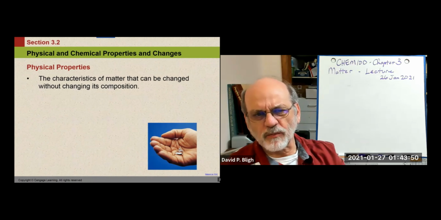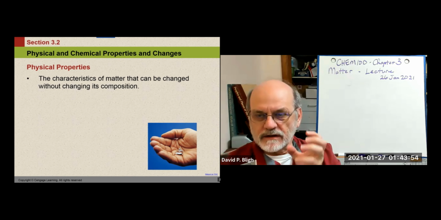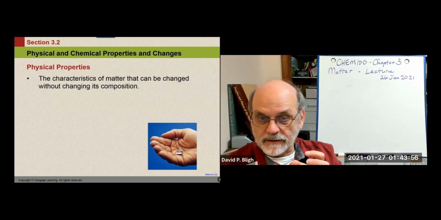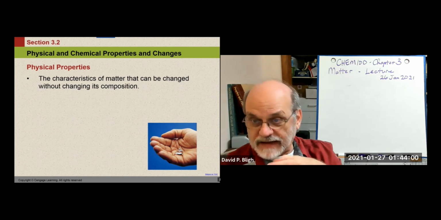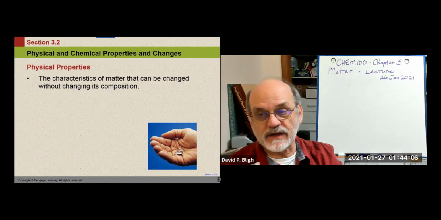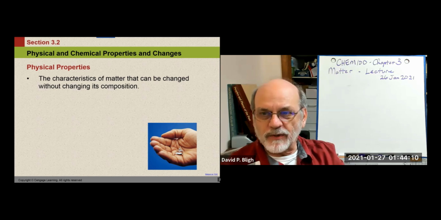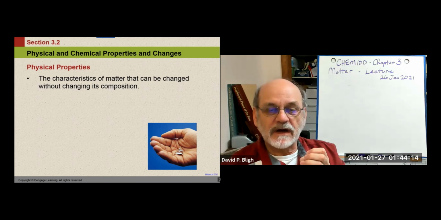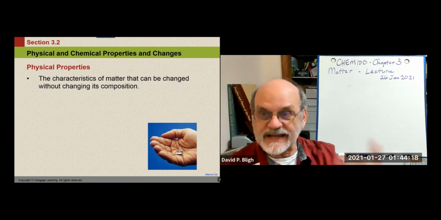Okay, what's a physical property? A physical property is a characteristic of matter that can be changed, if we so desire, without changing the identity of the substance. And a property is a static characteristic, such as the state of the matter.